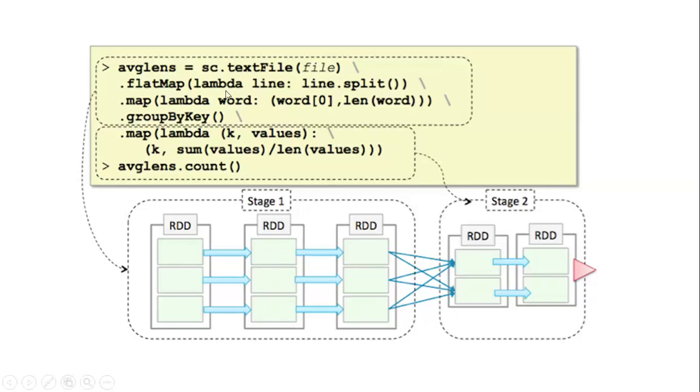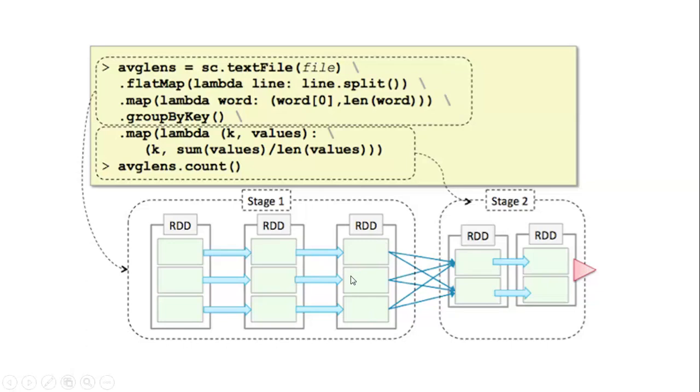What does the next operation do? It takes each word and calculates its length, and now it does a map. So let's say there are 10 words in the first line. Now you're going to have 10 rows, one row for each word, and you will have key value pairs, which will be the word and the length of the word.